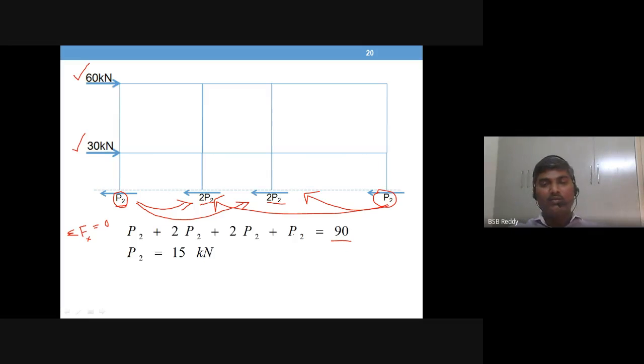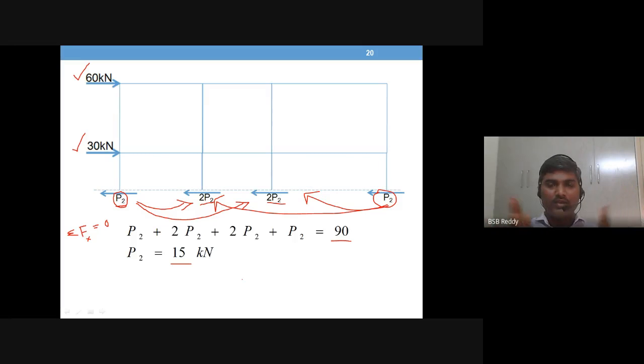Then acting towards left is the same, 6 P2. So 90 by 6, 15 kilonewtons is the column shear in the middle story exterior columns.